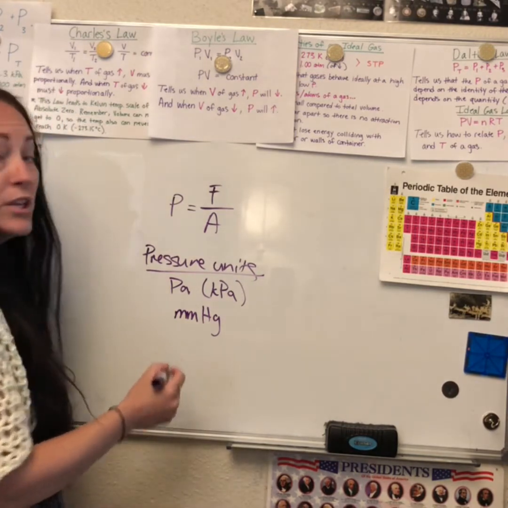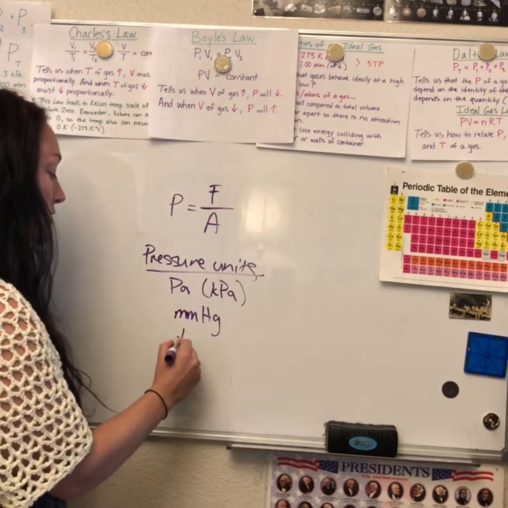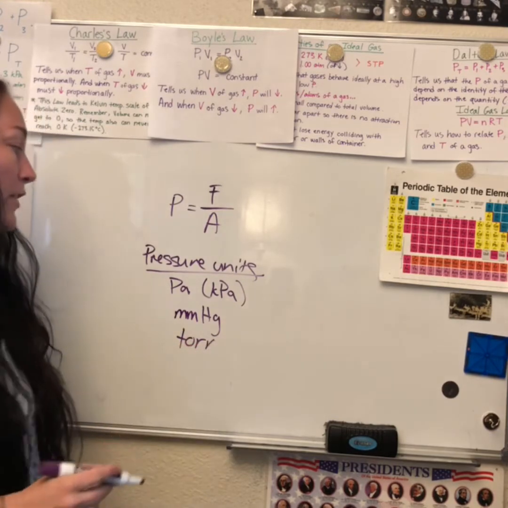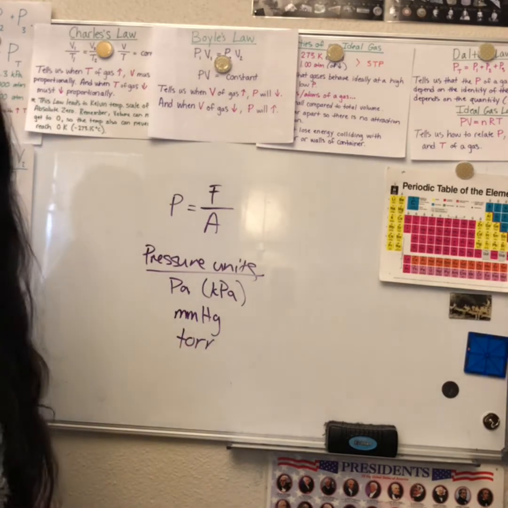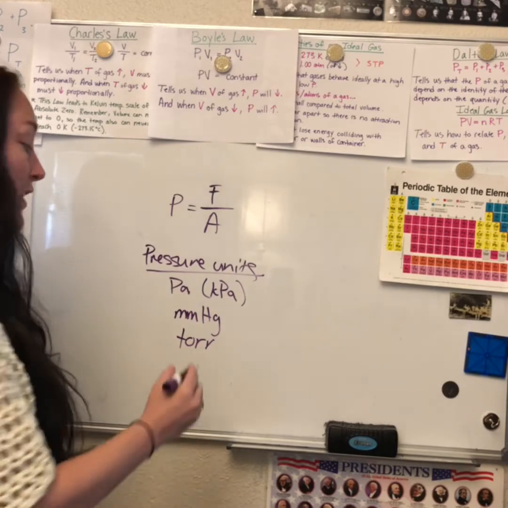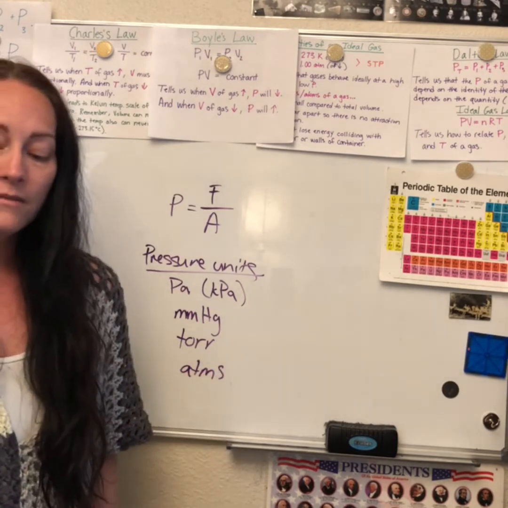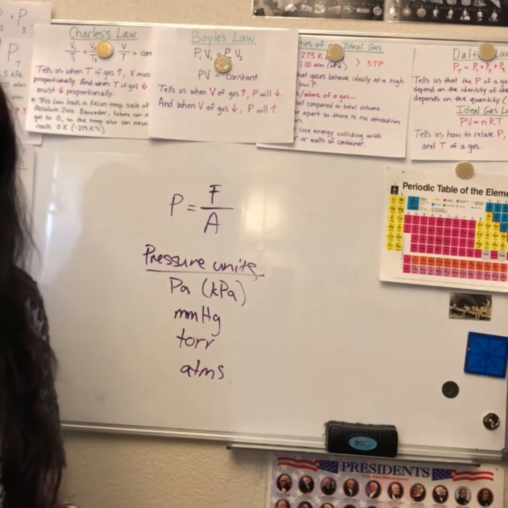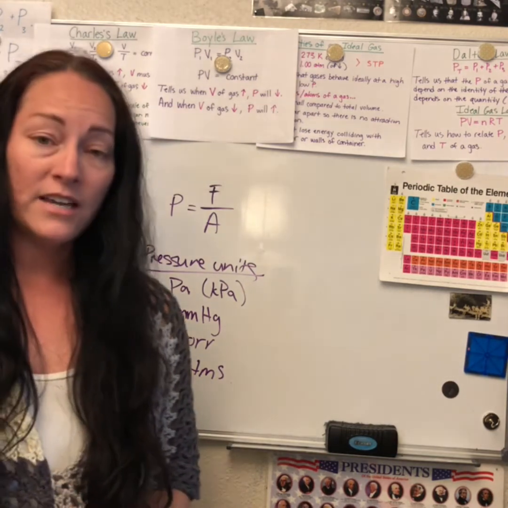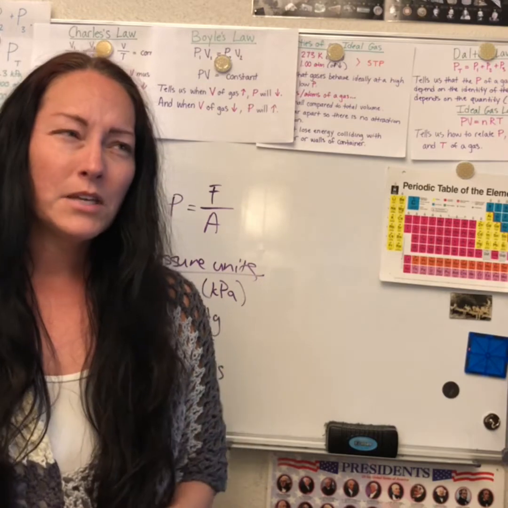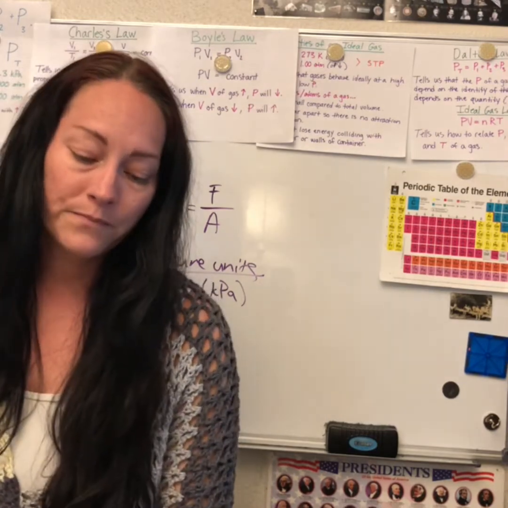The next one, which we use quite a bit, is torr. That's another pressure unit. And our last pressure unit is going to be atmospheres, and we abbreviate it ATM or ATMS, okay? Atmospheres. So those are your pressure units. You're going to need to know those for the test. I don't think they make you know all of them, but you're going to have to know several, okay?